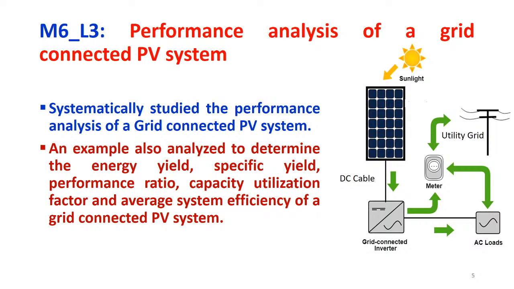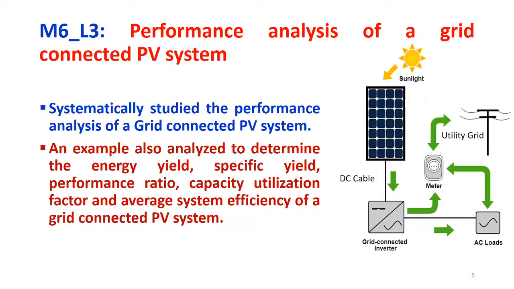In the same module, in lecture 3, performance analysis of grid connected PV systems was discussed, and we have systematically studied it, and also solved one numerical problem to determine the energy yield, specific yield, performance ratio, capacity utilization factor, and average system efficiency of a grid connected PV system.